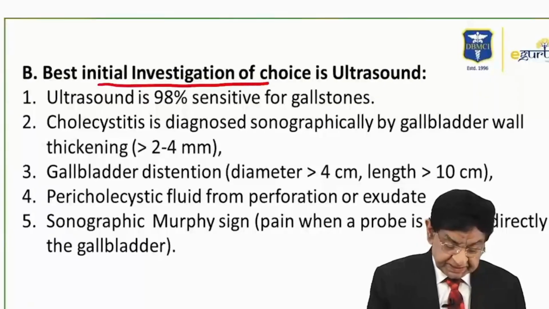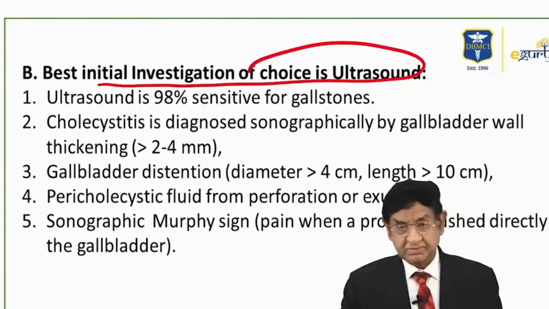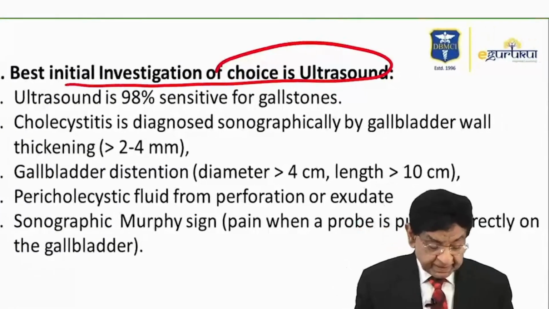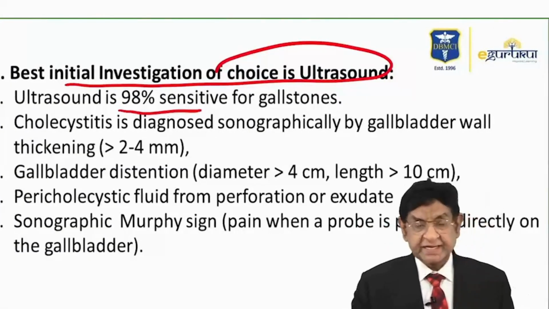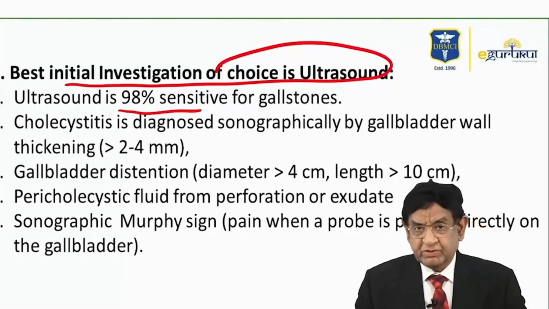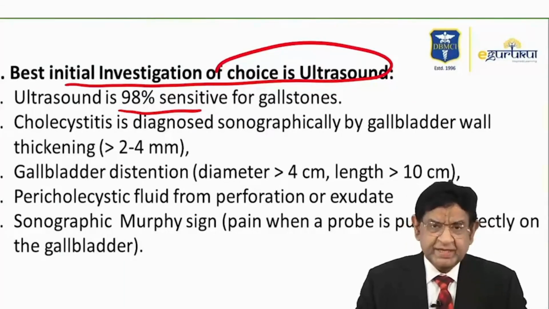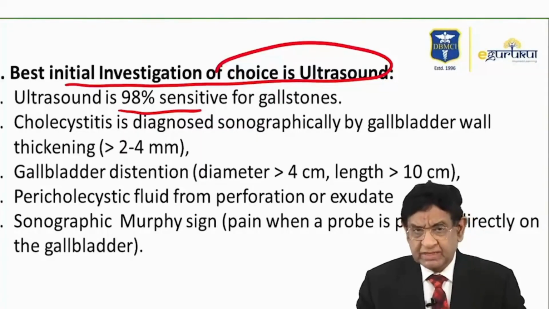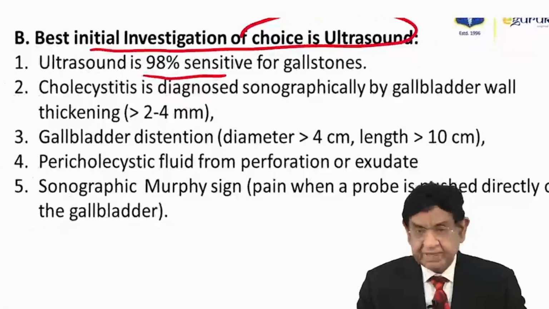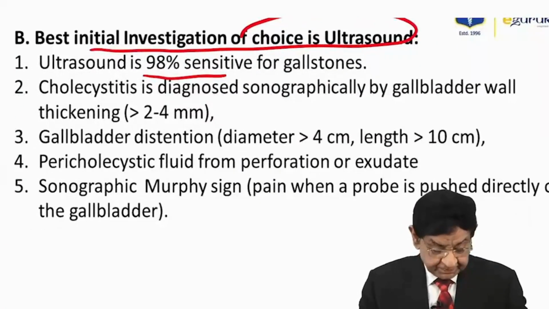The best initial test is ultrasound, okay, and its sensitivity is as high as 98%. Of course, it depends on who is doing it, but by and large we presume that a good and experienced ultrasonologist is doing the ultrasound, and they can pick up 98%.